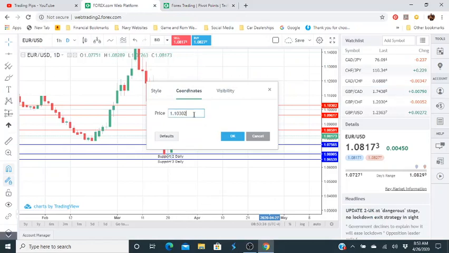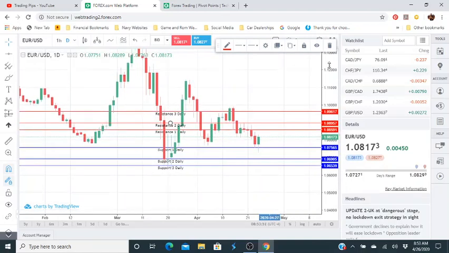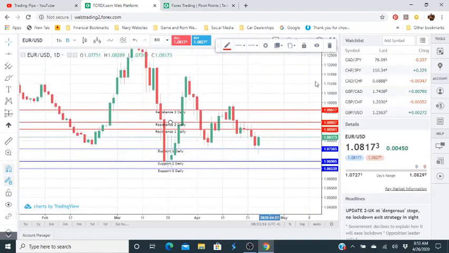And we'll type that in, 108.957. And okay. So now what do we have? We have all 3 of our support lines, and we have all 3 of our resistance lines on the daily chart. So if we wanted to, we can blow this up a bit. You know, you pretty much just spread the chart going upward.